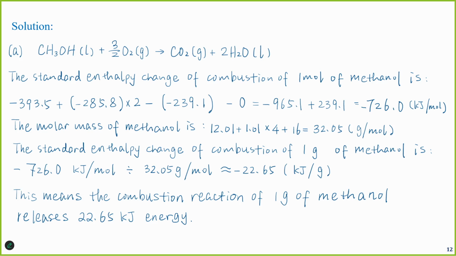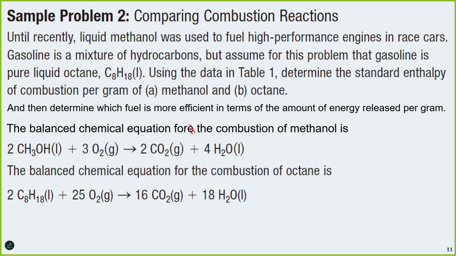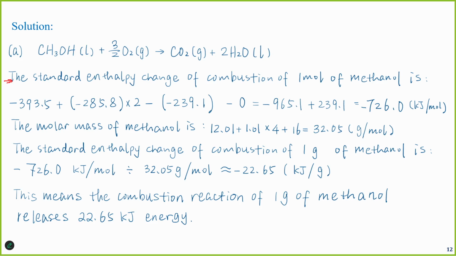Okay, first of all, we know the standard enthalpy change of combustion of 1 mole of methanol is calculated in this way, right? According to the chemical reaction formula given to us, you can divide both sides using coefficient 2, and then that number is negative 726 kilojoules per mole.